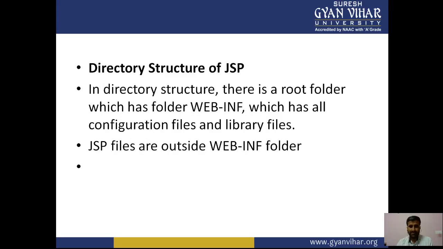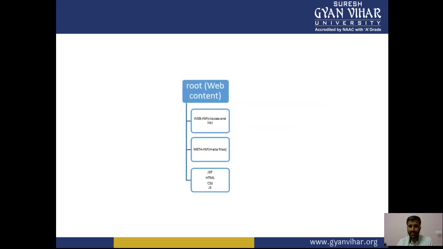If we are going to discuss the directory structure of JSP, in our directory structure there is a root folder which has the WEB-INF folder, which has all the configuration files and library files. JSP files are outside the WEB-INF folder. Here you see the root web content. Inside the web content, we have the WEB-INF folder.